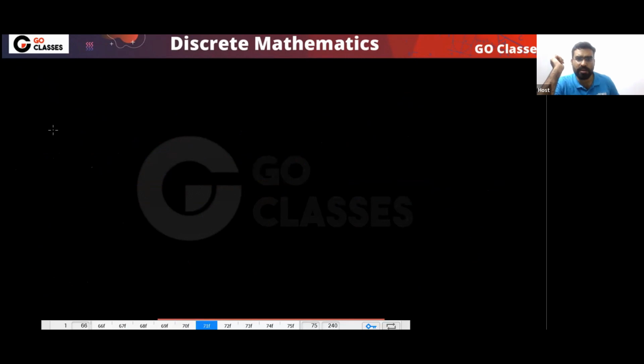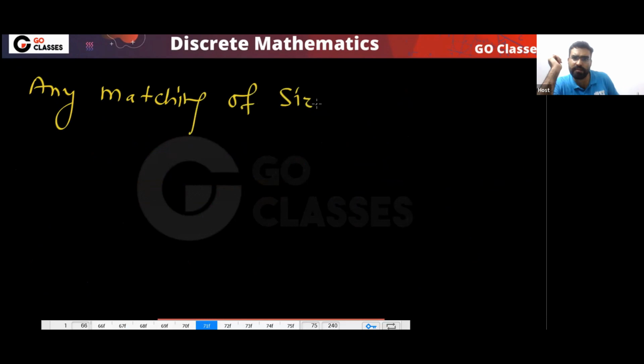What is happening here? If you have any matching of size K, then what does it mean?